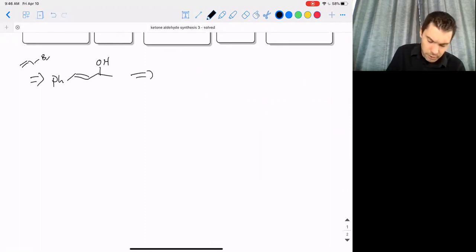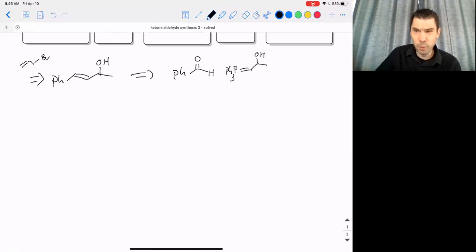Now from here, we could imagine a couple of different things. Maybe we could imagine going directly back to the aldehyde and a Wittig reaction, because we really do like Wittig reactions. So we can put PPh3 in here, and maybe we can have just an OH group on the Wittig. Turns out this is going to be a problem, and I'll explain why in a minute, but at least it's something that we could consider.